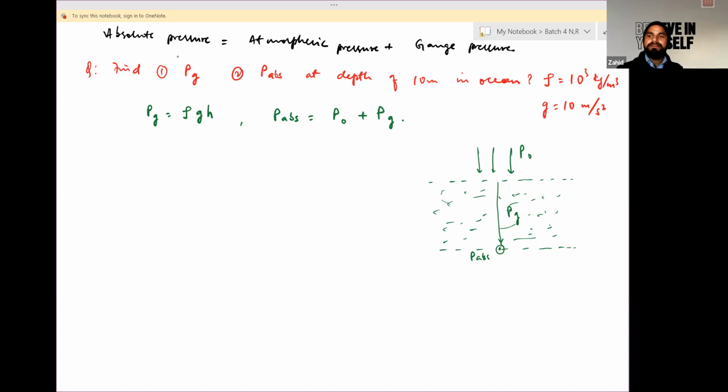Absolute pressure. Take this as the height of the column of liquid.